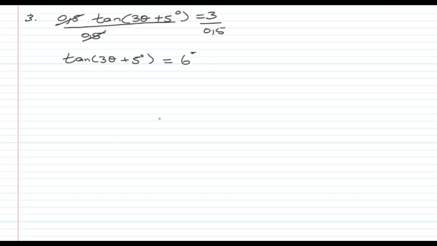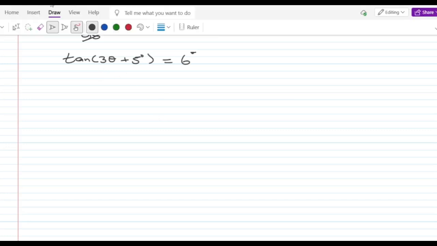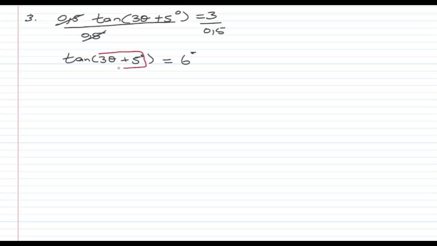Remember, you can just leave whatever you have inside the bracket, and say this here is my x, so I can write this as the tan of x equals 6. Then we need to first solve for that x.